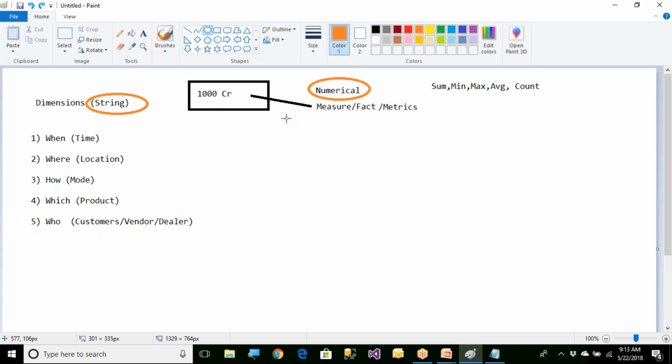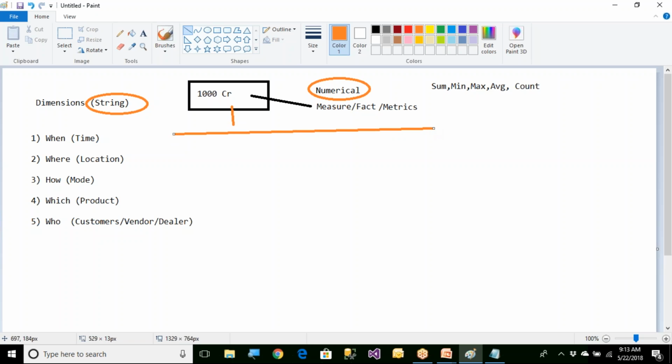Now I wanted to understand in which year you are able to get more sales. When you ask this question, the CEO of the company tells you, for example, 1,000 crore profit I'm able to get.